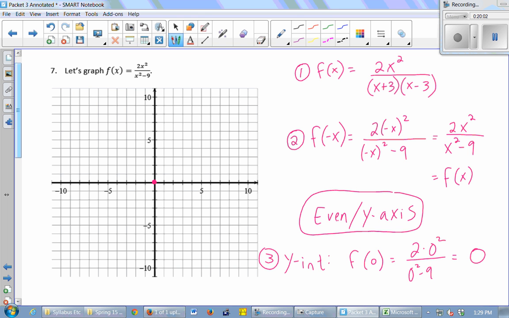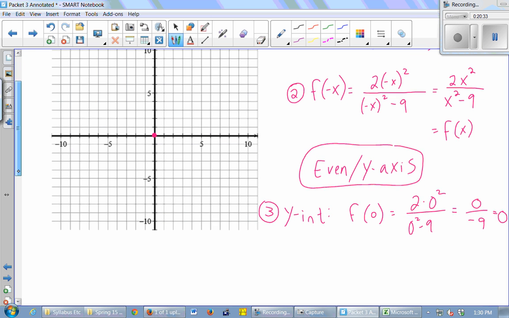So the next step is to find x-intercepts. So 2 times 0 squared is 0, right? So you get 0 on top. 0 squared minus 9 is negative 9. 0 divided by anything is 0. All right, so now I've got to look for x-intercepts.